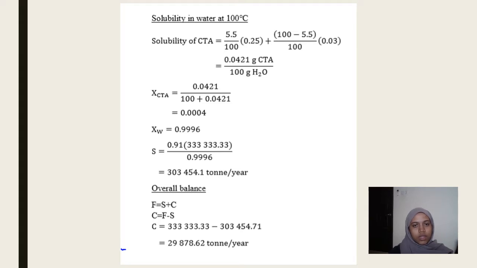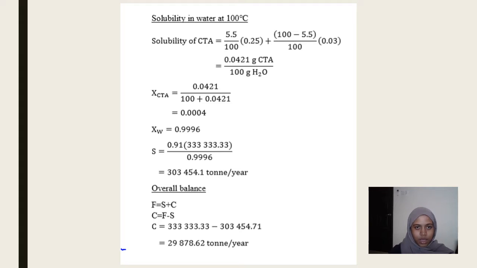In order to get the solubility of CTA, we are using the solubility in water at 100 degrees Celsius. This is the 5.5 ppm, and then the 0.25 we are getting from the solubility table at the journal, and then the 0.03.